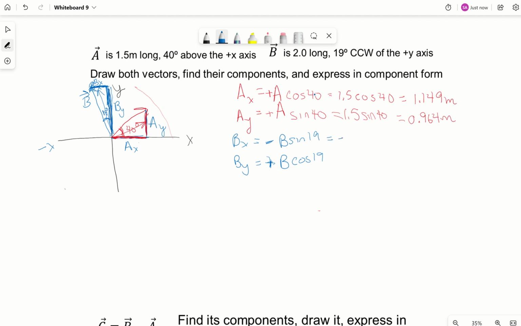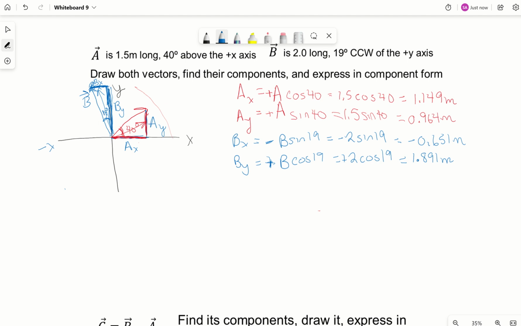So I'm going to have minus 2 sine of 19 for the x, so it's going to be minus 0.651 meters. And for by, it's going to be plus 2 cosine of 19, and that's 1.891 meters.